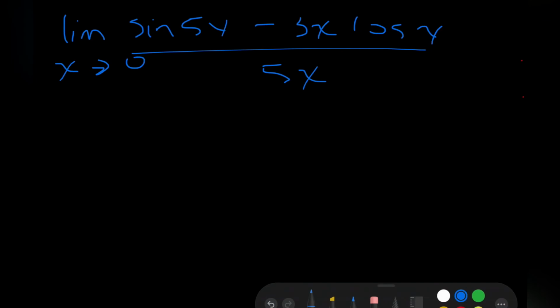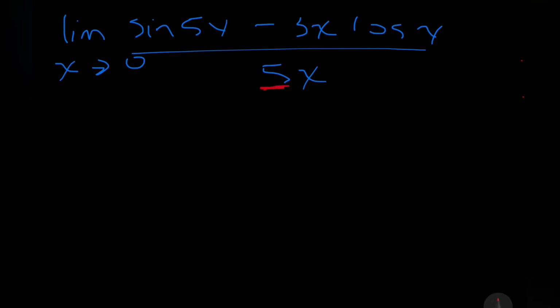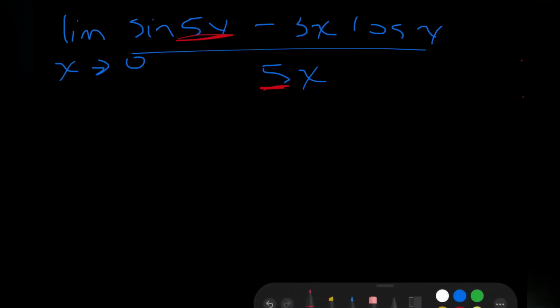We're going to approach this the same way, so we're going to factor out this 5 here, which would be 1/5 when we factor it out. Even though there is a 5x here, we're going to factor it out the same, so we can do our manipulation for the two functions in the numerator. So let's factor out that 1/5.